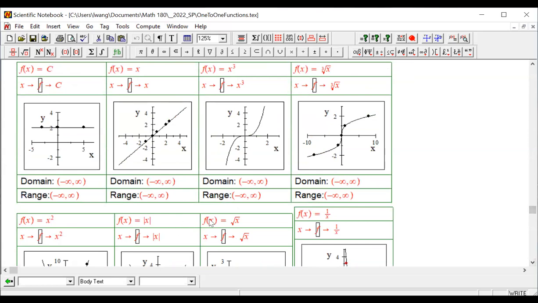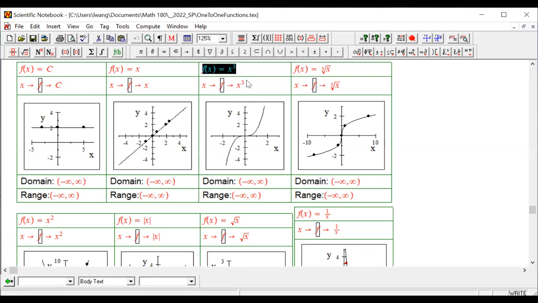Among all these 8 functions we have worked with, we know that some of them have inverses and some of them do not. So I'm going to pick an example. This one doesn't have an inverse, and it is simple, so I'm going to leave that for you. I'm going to find the inverse for x raised to the power 3.